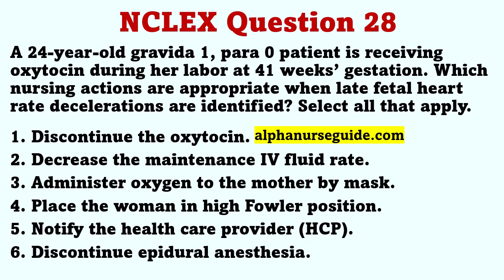An increase, not a decrease, in the IV rate can improve hydration, correct hypovolemia, and increase blood flow to the uterus. Putting the woman in a lateral position can increase blood flow to the uterus and increase oxygenation to the fetus. The high Fowler position would not be helpful. Discontinuation of epidural anesthesia would not be indicated in the presence of late fetal heart rate decelerations.